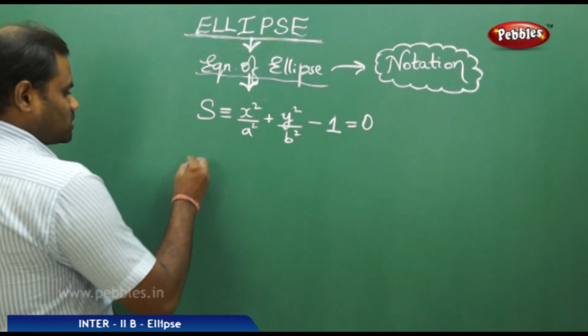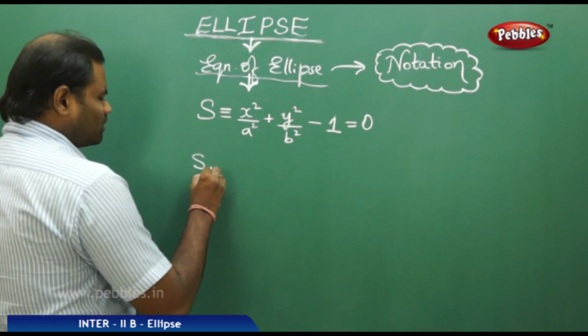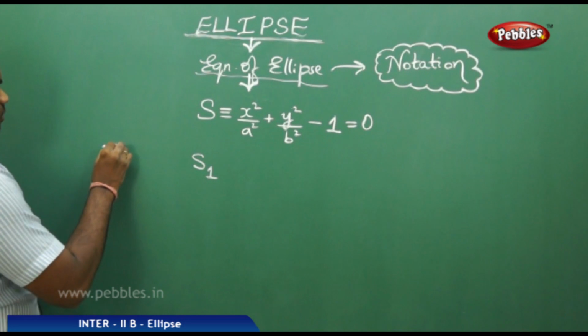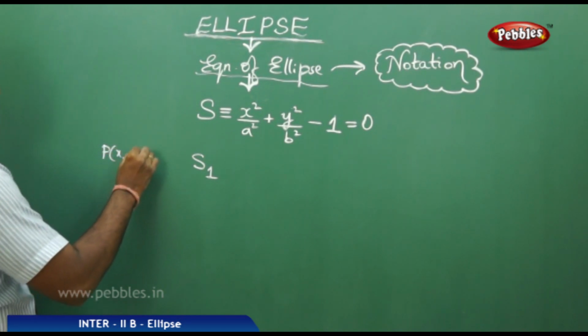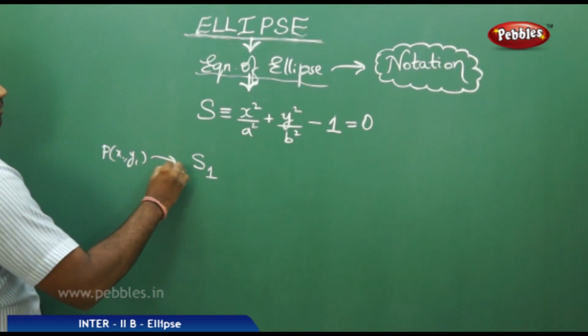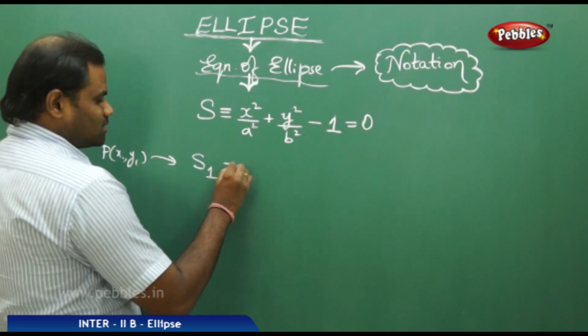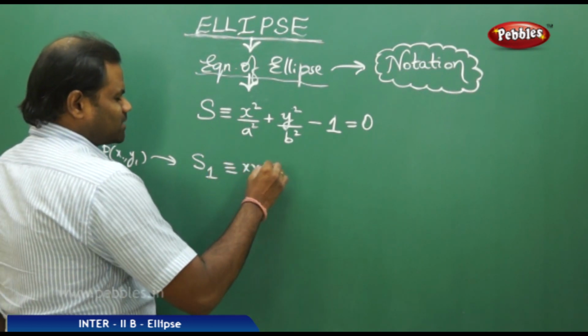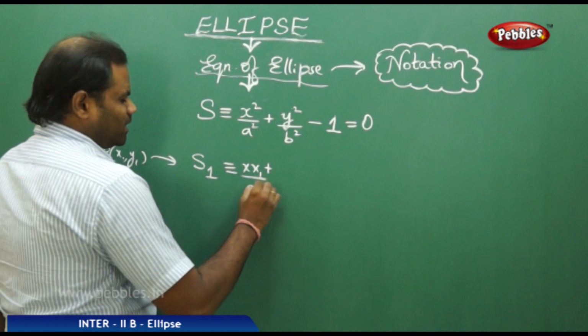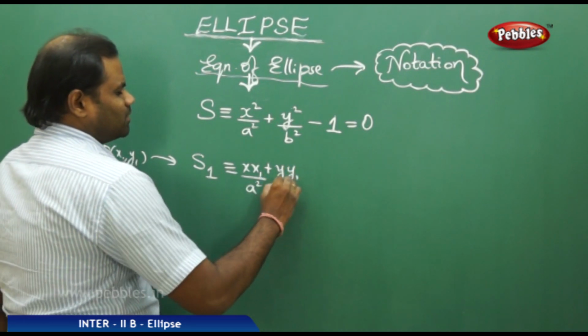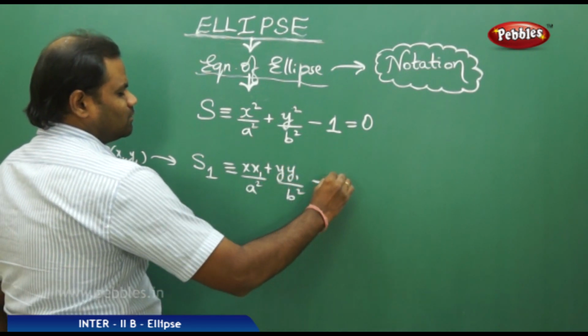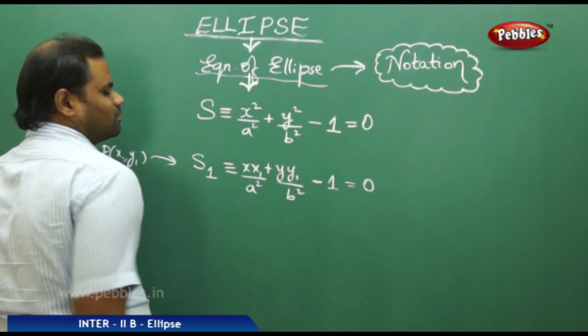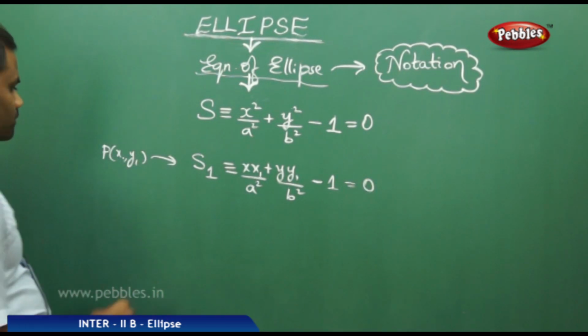And if I want to find S1 for the point P(x1, y1), then my S1 is xx1/a² + yy1/b² − 1 = 0.